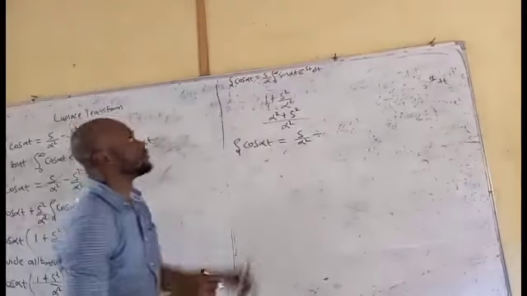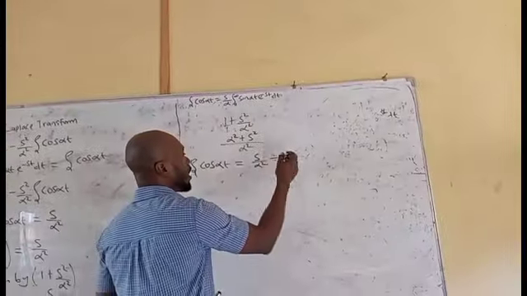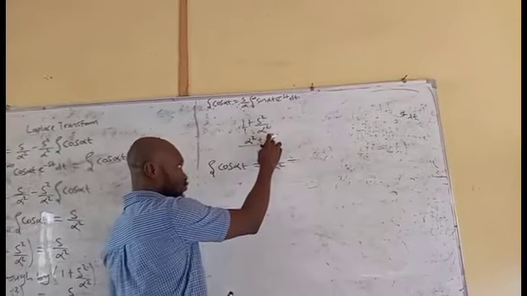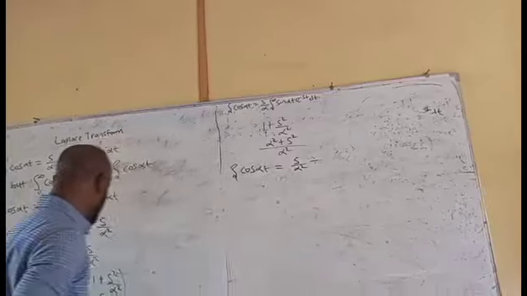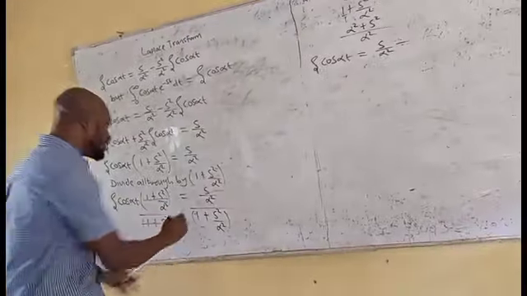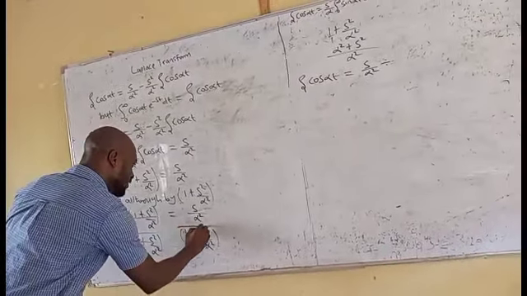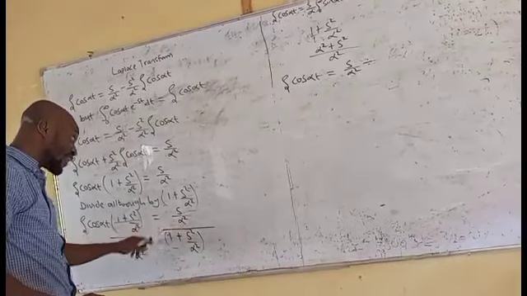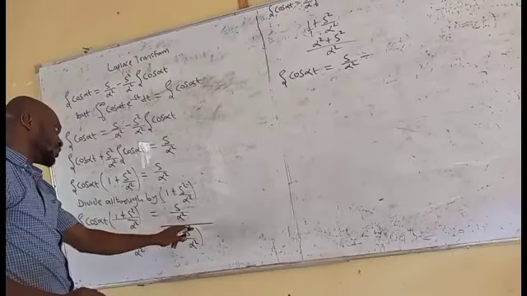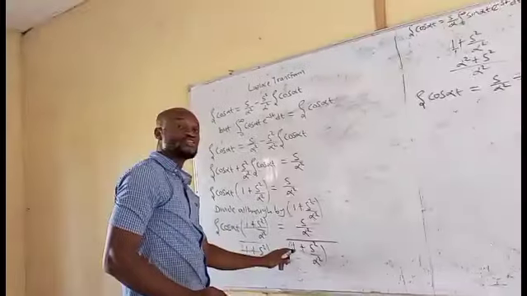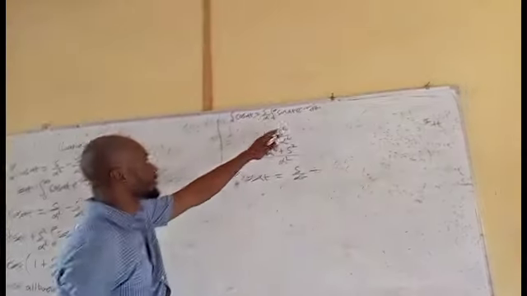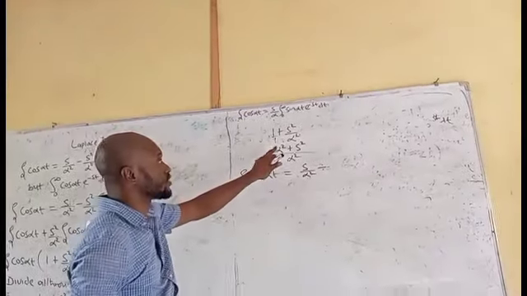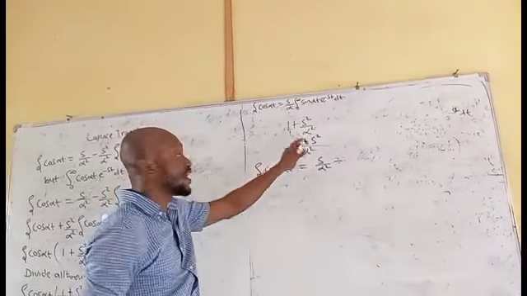This is division. And if you take the LCM, it will give you alpha squared plus s squared over alpha squared. So s over alpha squared is this one, then this sign is division, divided by the denominator, which is 1 plus s squared over alpha squared. If you take the LCM, it will give you alpha squared plus s squared over alpha squared.